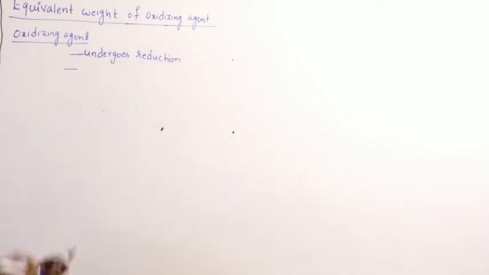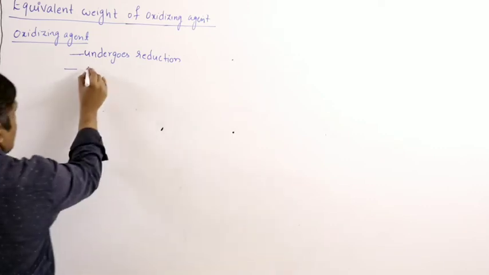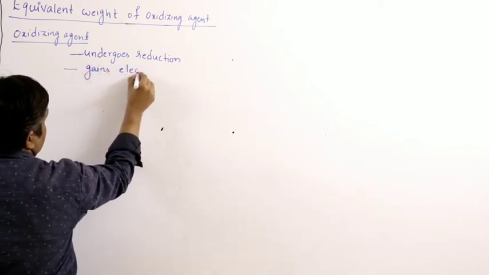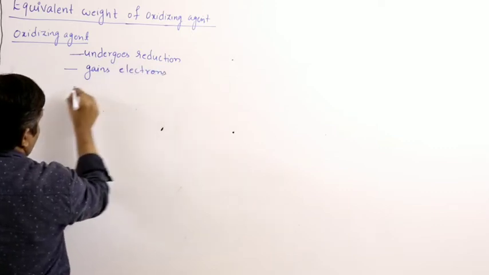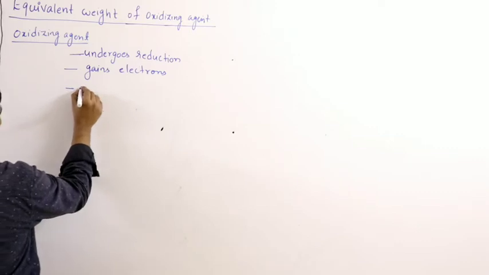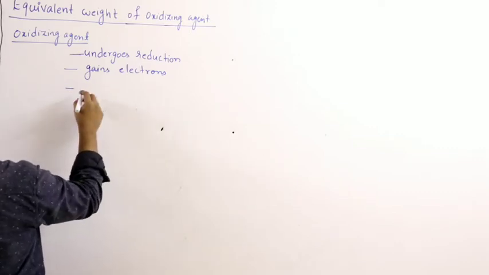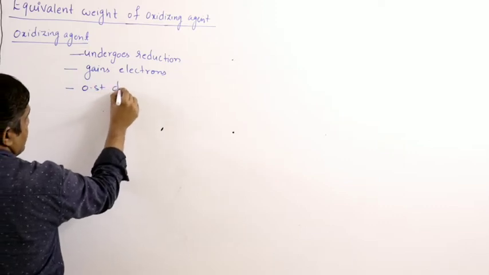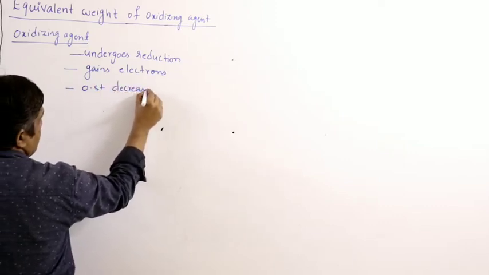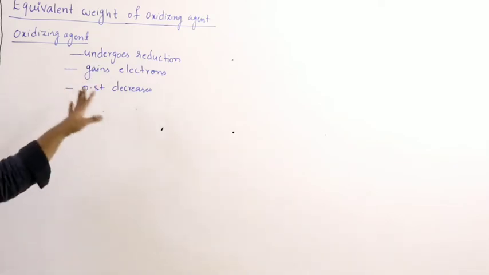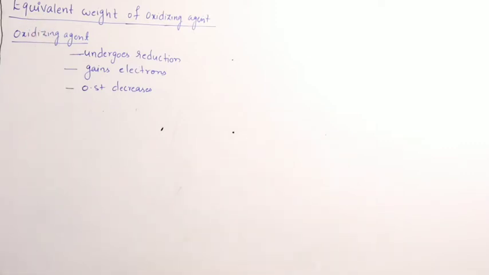What do you mean by itself undergoes reduction? It undergoes reduction with respect to electrons, it gains electrons. If it gains electrons, what happens to its oxidation state? Oxidation state decreases. So an oxidizing agent undergoes reduction by gain of electrons, due to which its oxidation state decreases.